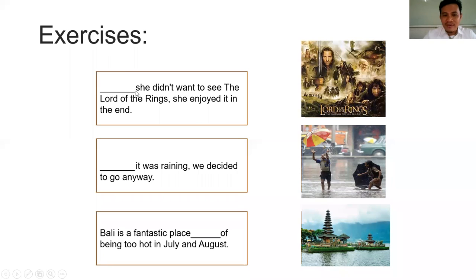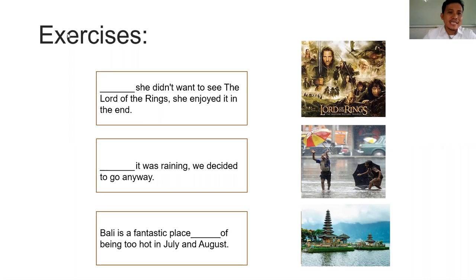Why are we using even though here? I think because I don't get any examples, sir. Because if we use in spite of, I think that's not connected, sir.